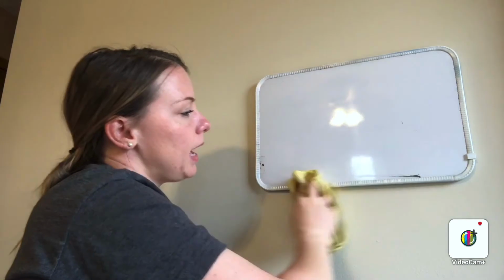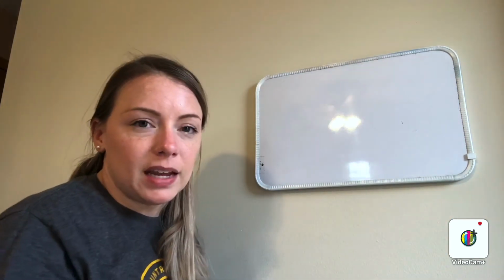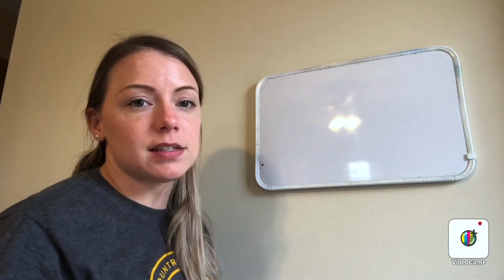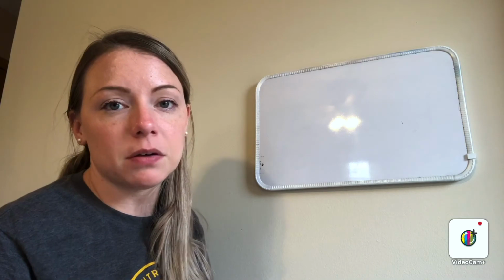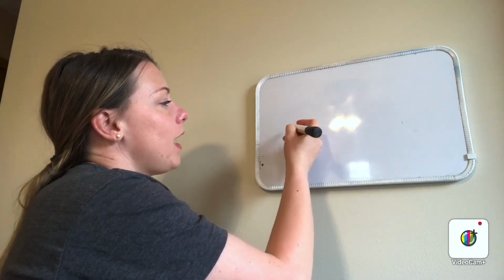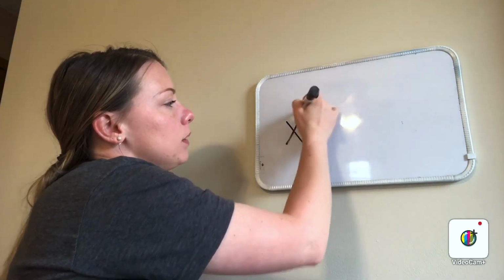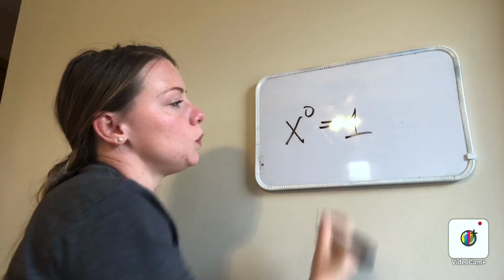All right, halfway there. My next property is the easiest of all 6. It's the 0 exponent property. Anything that has a power of 0 is 1. Meaning, if I had x to the power of 0, the whole thing equals 1.